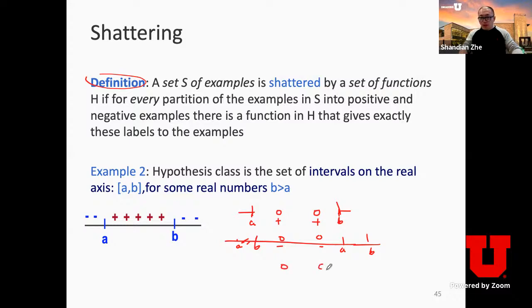The third labeling scheme will be: I label the left point as positive, and the right point as negative. So again, how can I set A and B to give a correct prediction for both points?